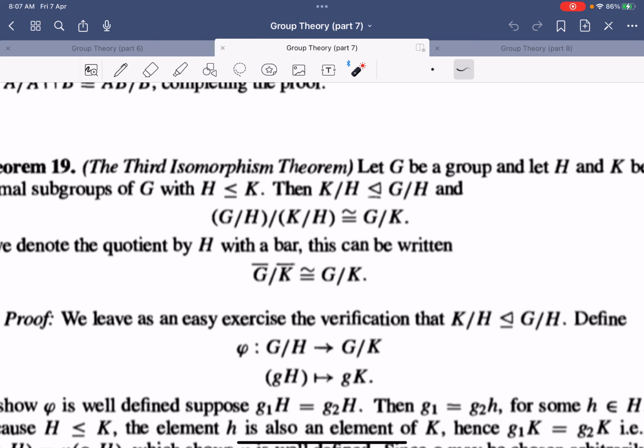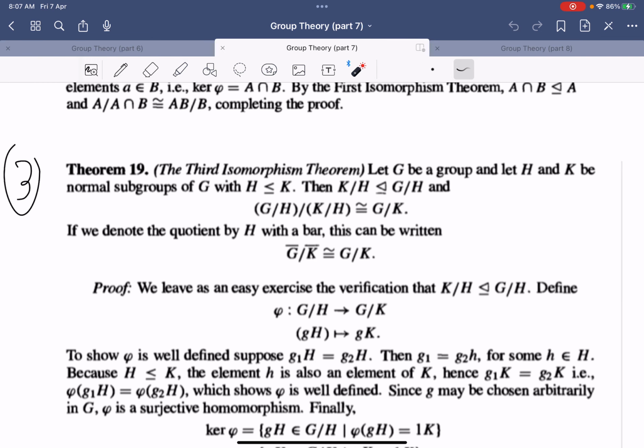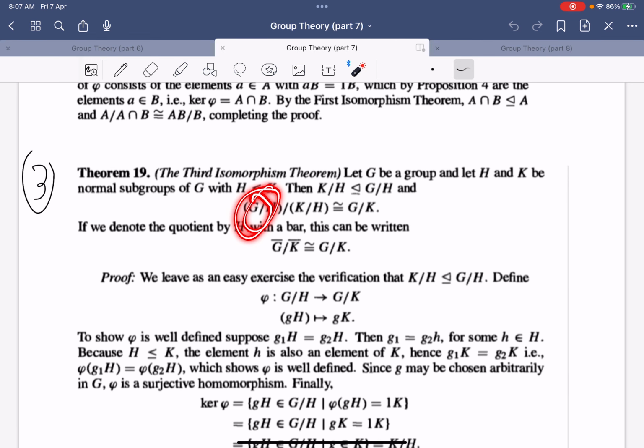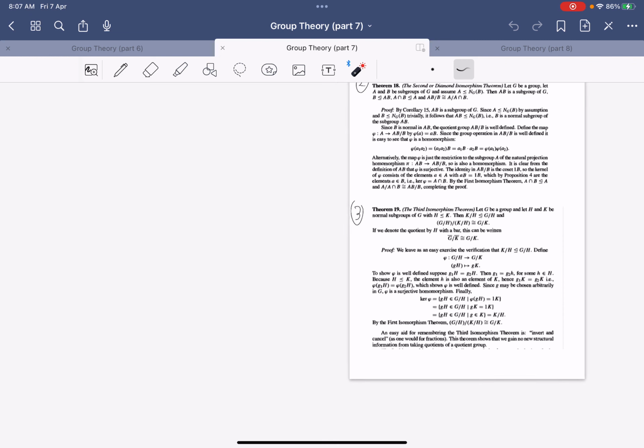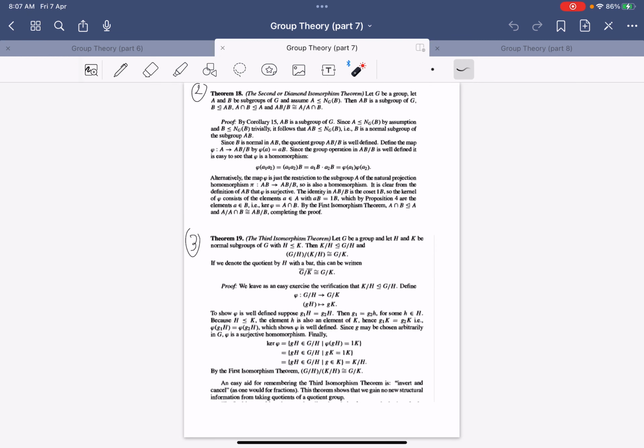Because what we will have, let's say, is G quotient H. And we think it's easier if we take the quotient first of a group that we may understand, and then we quotient it again by K quotient H. And then we just show that it will be just isomorphic to G quotient K. So we are back to the same problem. So really we gain no new structural information. So this is the third isomorphism theorem.